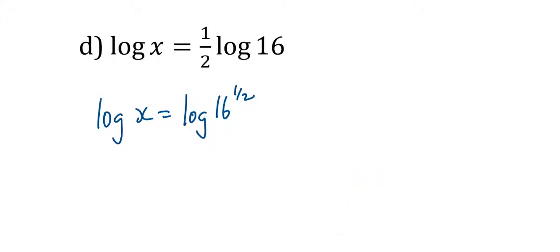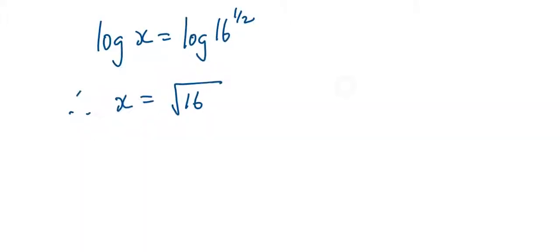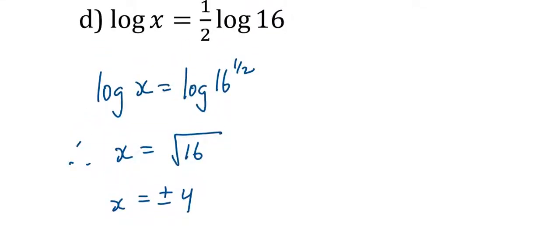Therefore, x equals 16 to the 1/2, which is the square root of 16. So x equals... Yeah, restriction. x has to be greater than 0 because it was in the argument of the log up here. So I always have to consider my restrictions.